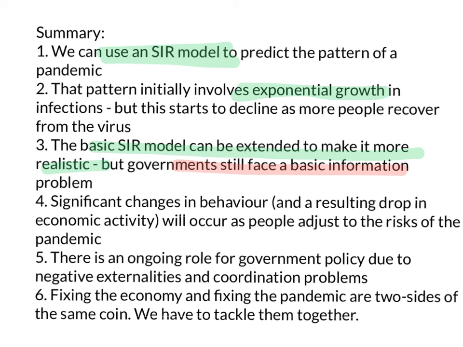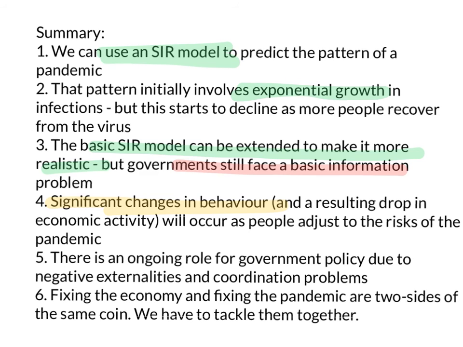However, even then, the basic SIR model is limited because it ignores changes in human behaviour, and there will be significant changes in behaviour due to the fact that there is a pandemic. We saw two particular sorts, the individual change and the coordinated change. And what do they mean?